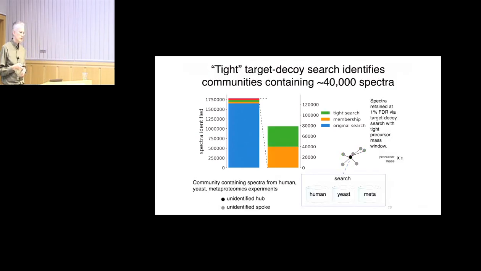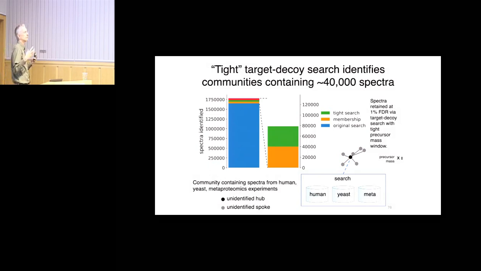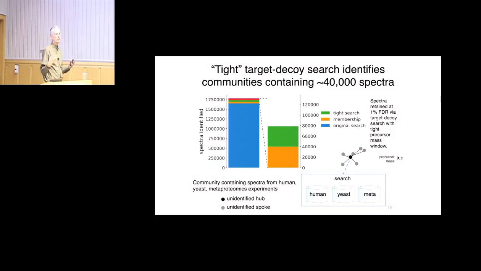The other thing that we can do is try to characterize what is often called the dark matter of proteomics, which is all of the spectra that you can't identify successfully when you do a standard database search. The problem in general with this dark matter is that a lot of it is non-peptide junk, right?